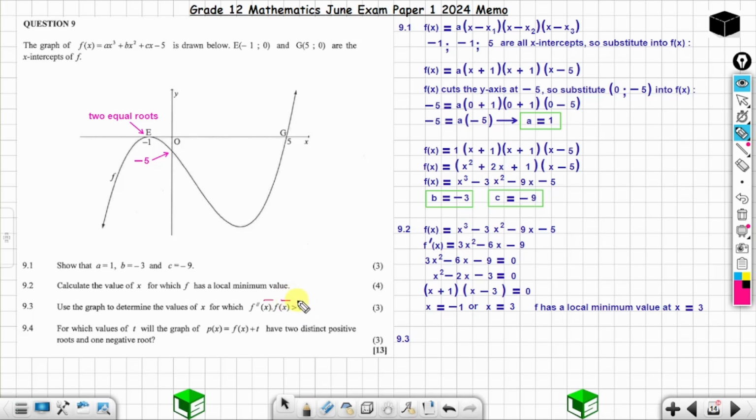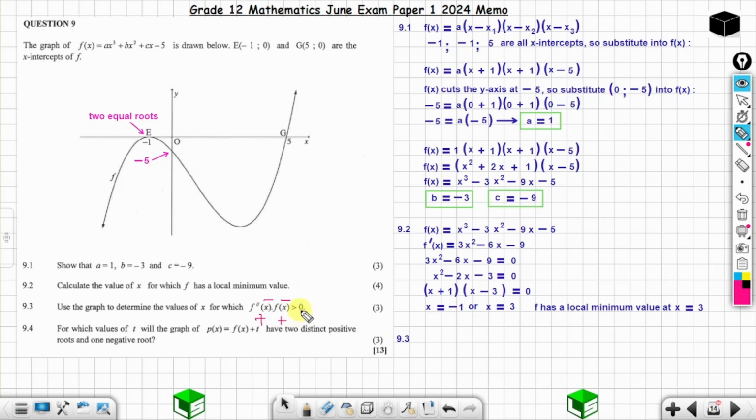Or you can have positive if f double prime of x is positive and f of x is also positive, because positive times positive gives positive.